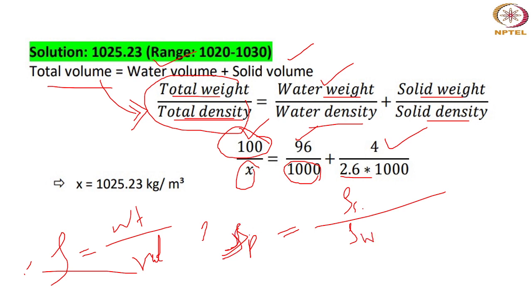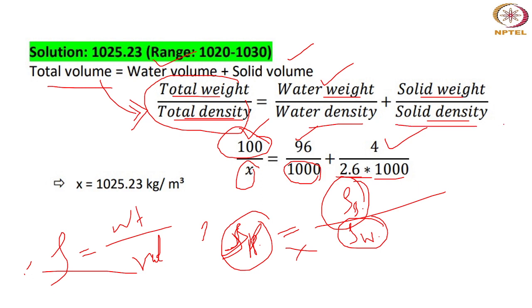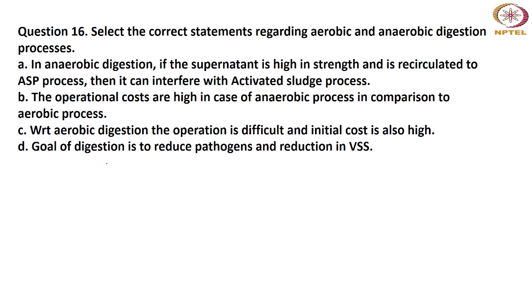So this is specific gravity. Specific gravity of the solids is written as density of solids divided by density of water. So if you multiply the specific gravity with the density of water, you will get the density of solids, right? So that's why we are multiplying 2.6 with 1000, and I'm getting the solid density. So if you calculate, you can get X around 1025.23 kg per meter cube.